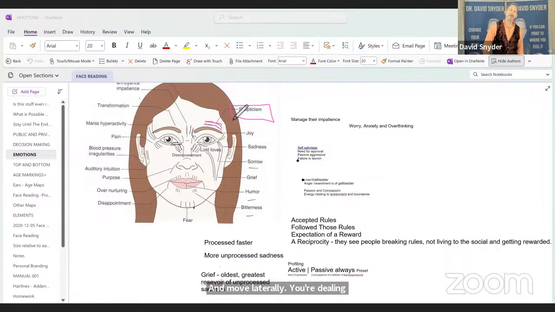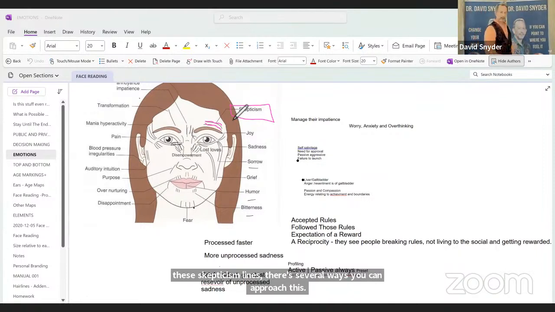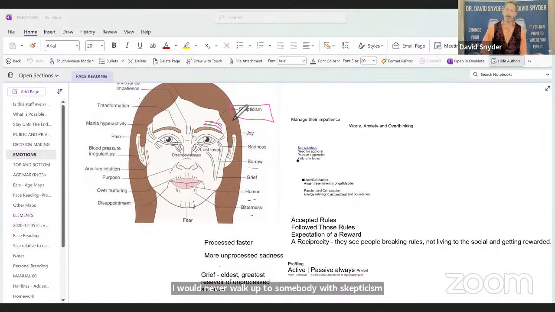Now, when you're reading people's faces and you see these skepticism lines, there's several ways you can approach this. I would never walk up to somebody with skepticism lines and say, "You're a skeptical mofo," right? I wouldn't do that. What I would do is soften the statement and turn it into a question. So I might say something like, "You have the most amazing eyes.